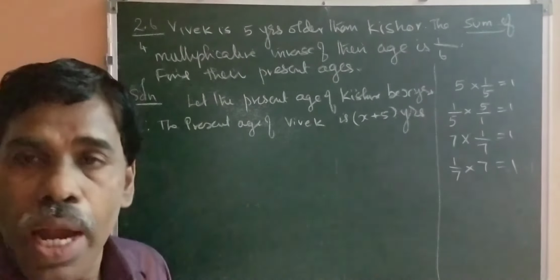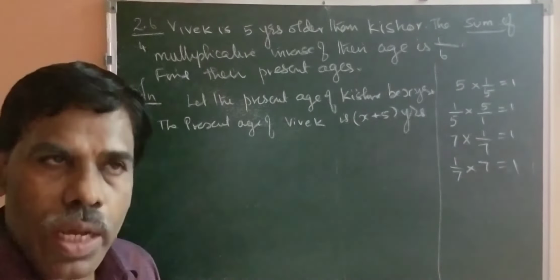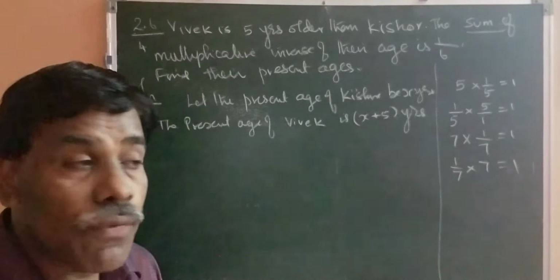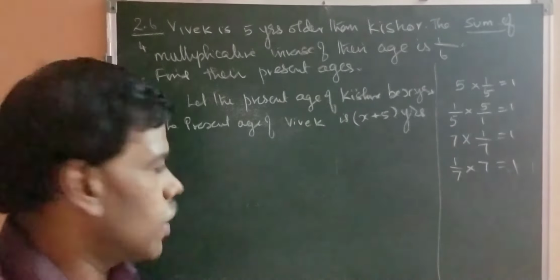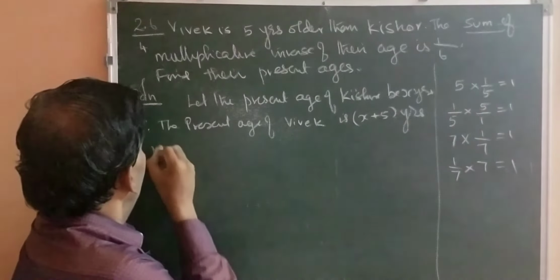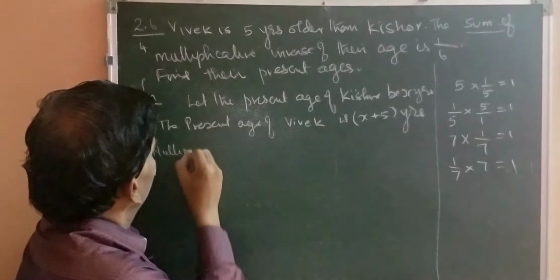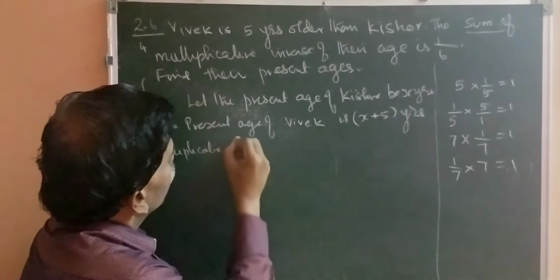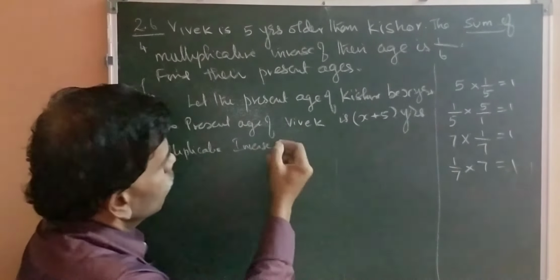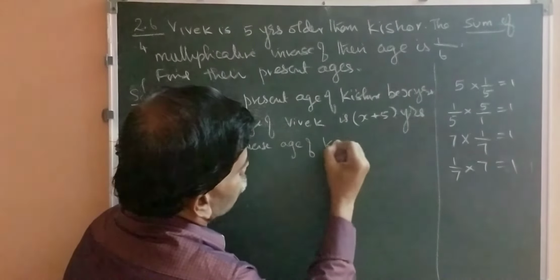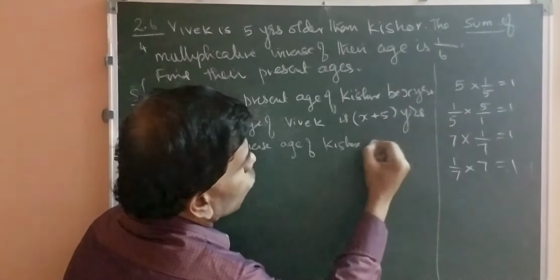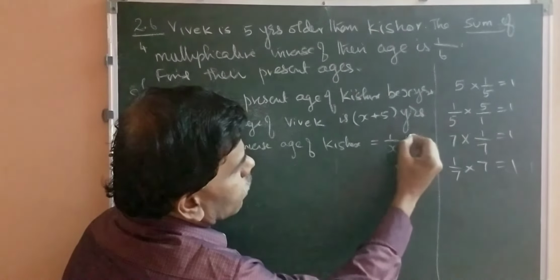Now, what they say is, when you add, the sum means the addition of their ages in the form of multiplicative inverse, then you will get 1 upon 6. So, the multiplicative inverse of the age of Kishore is equal to 1 upon X years.